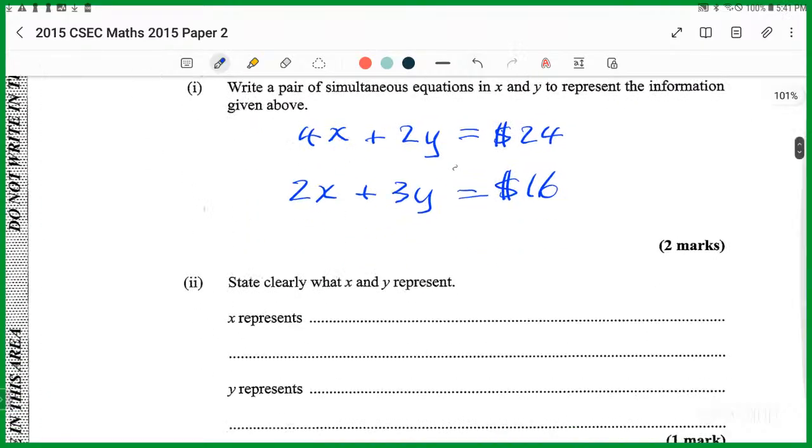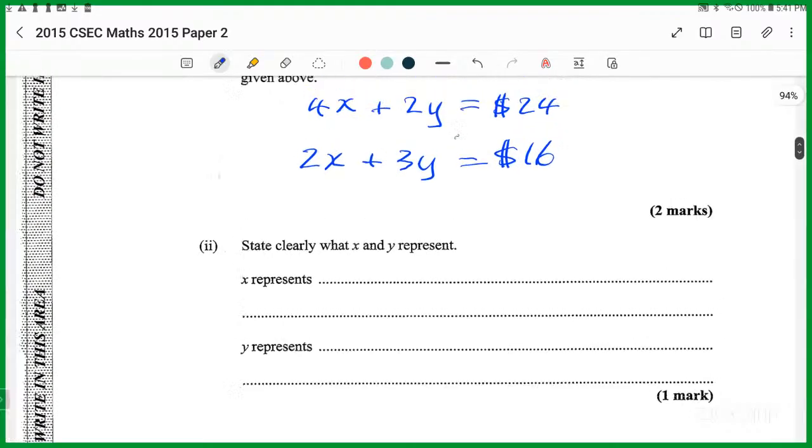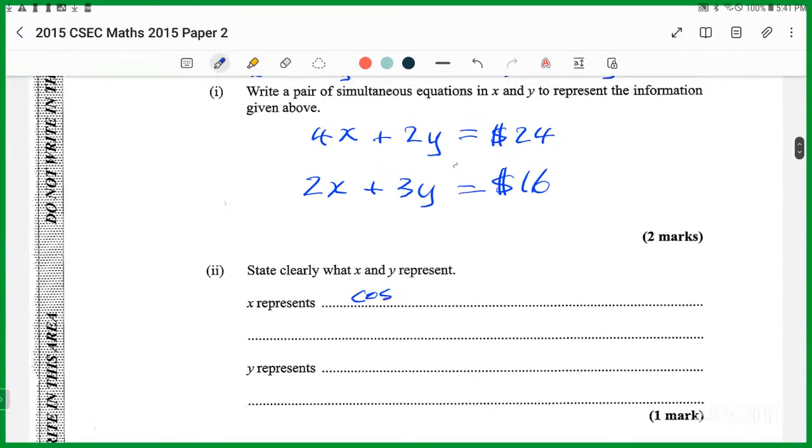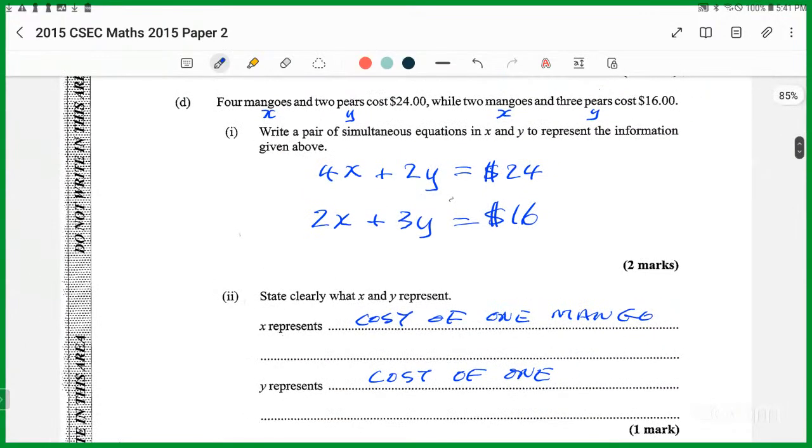And then it asks you to state clearly what x represents. x represents the cost of 1 mango, and y represents the cost of 1 pear. Do you understand that? Yes, sir. All right.